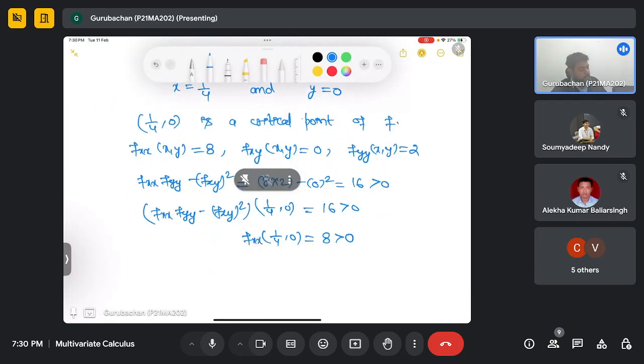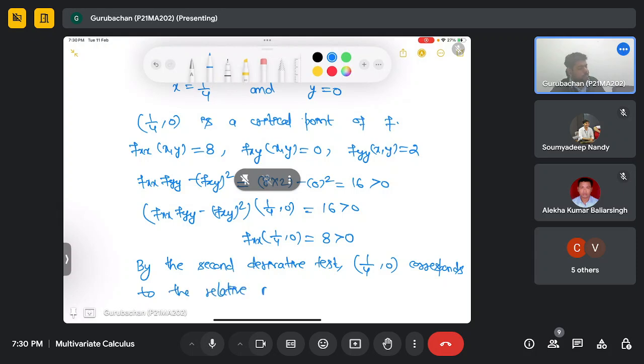Therefore by the second derivative test, 1 by 4 comma 0 corresponds to the relative minima for f.